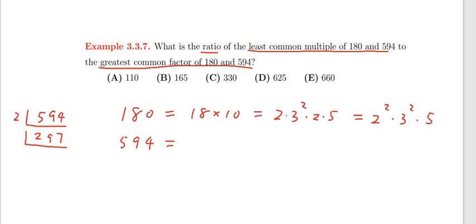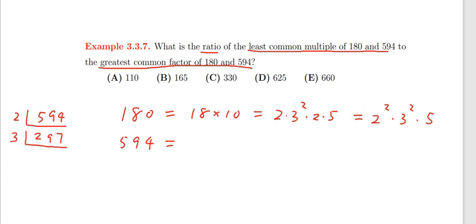How can I know 3 is a factor of this number? Because 2 plus 9 plus 7 can be divided by 3.